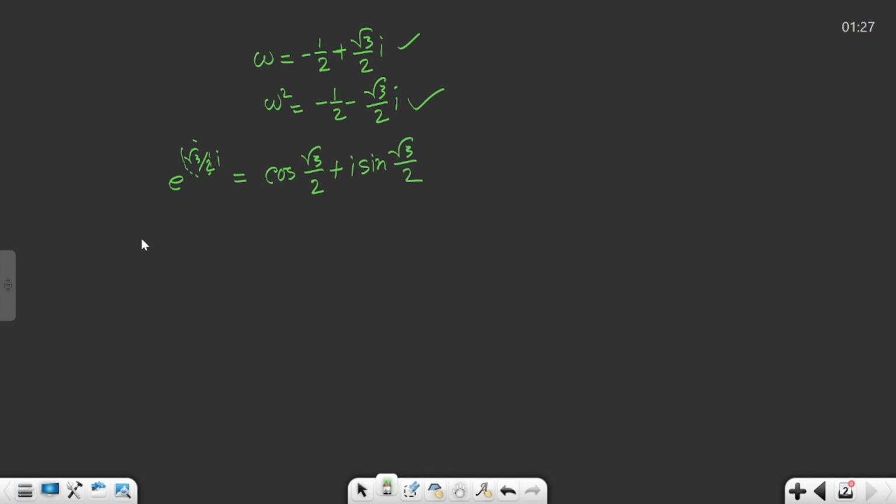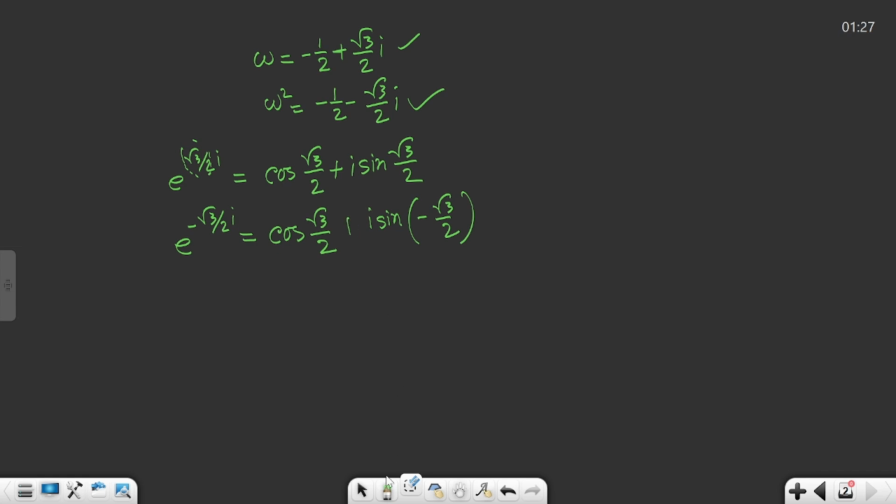Right? And same logic, it will be minus root 3 by 2i. This is equal to cos of minus root 3 by 2, which is equal to cos of root 3 by 2, right? Plus, because cos of minus theta is equal to cos theta, you know. Plus, now here we will get i sine minus root 3 by 2 because this is the argument for this. Now we can move this minus sign outside of this sine function, right?